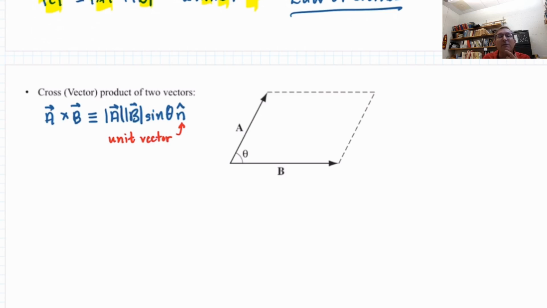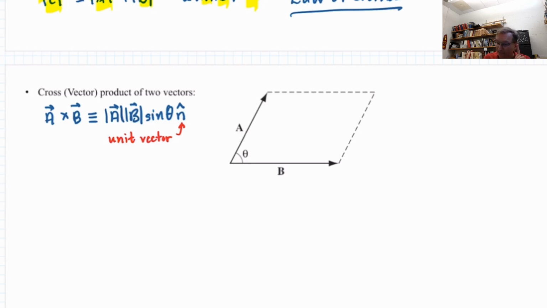So what is the direction of this n hat unit vector that is the resultant of A cross B? Well, it is the unit vector that points perpendicular to the plane of the two vectors A and B. In this case, A and B lie in this screen. So n hat must be perpendicular to the screen. It's perpendicular to the plane of A and B.